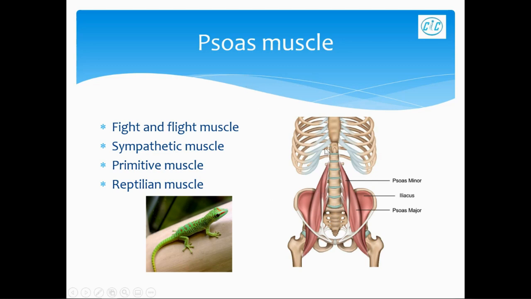Why I put this slide right here with this fight and flight sympathetic muscle, primitive muscle, reptilian muscle, is that when people are under stress, this muscle can tighten up, and therefore stressful daily life can cause this muscle to become spastic, which is going to end up as lower back pain and groin pain.